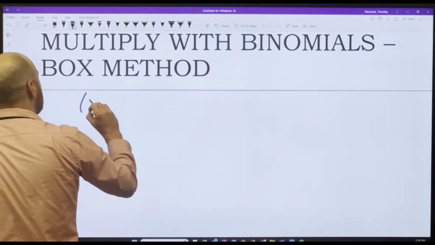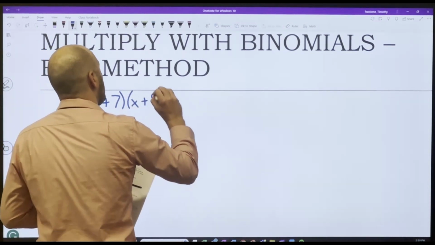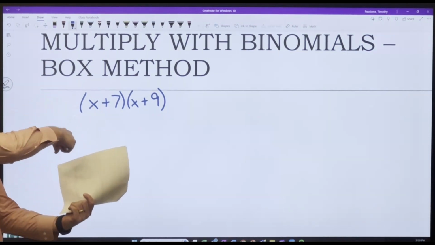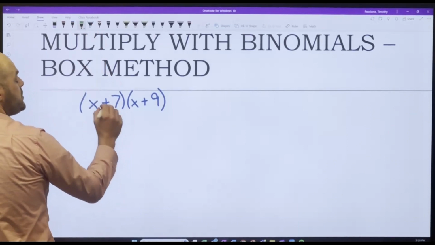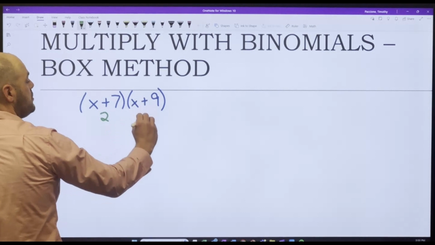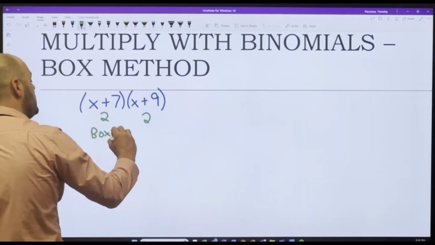We'll take that same example. I have x plus 7 and x plus 9. I make a box that has the dimensions of the number of terms I have. What do I mean by that? Well, how many terms are in this first one? 2. And this one is 2. So my box must be 2 by 2.